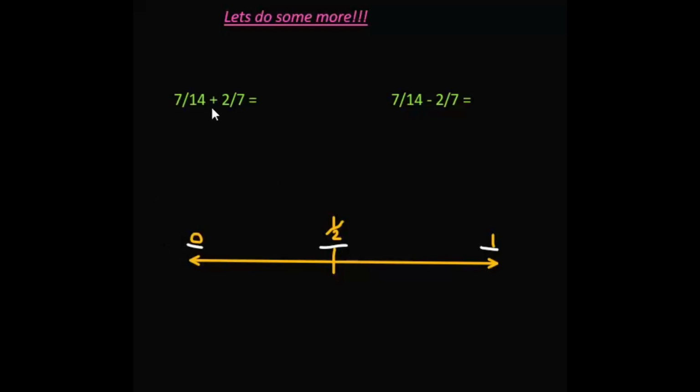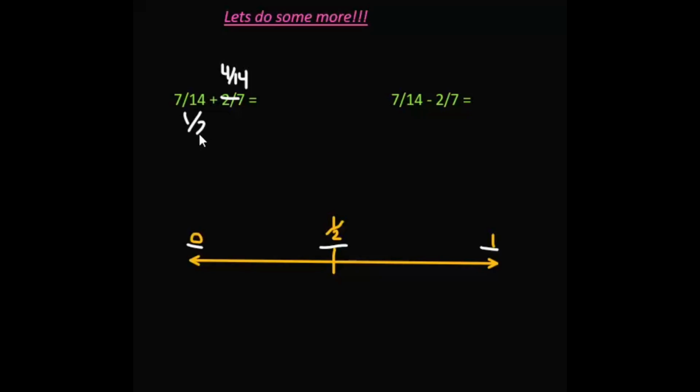Okay, so now we might notice these problems from the last page. So let's just quickly round them. First, let's make this a common denominator. Again, it's 4 fourteenths. Same thing we did in the last page. Okay, and then now let's just write down the rounding. So 7 fourteenths is exactly half.